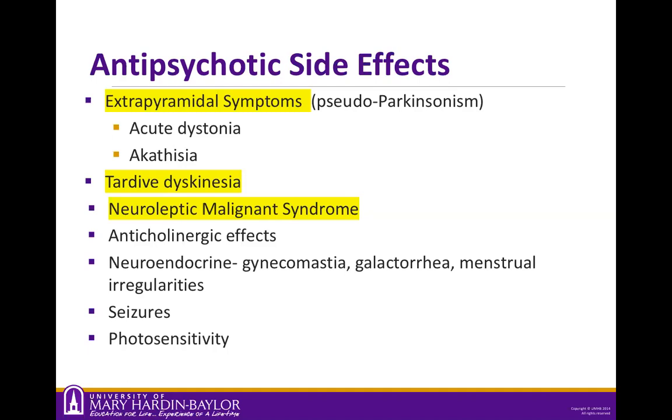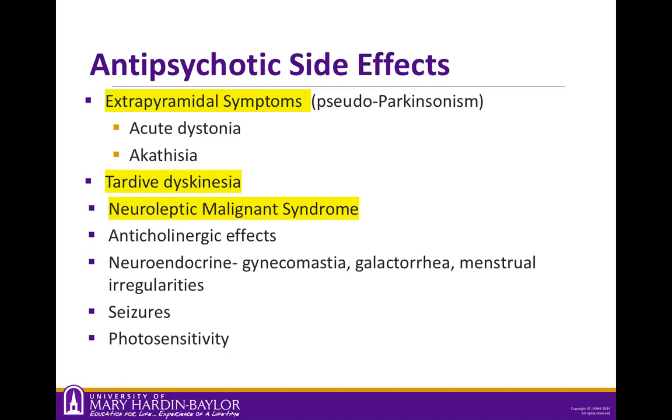Now, we think of Parkinson's as a non-moving or slowed disease, but they do take these medications and can get this akathisia. That's why we call this pseudo-Parkinsonism. And then there's also tardive dyskinesia, which is a difficulty with moving. Usually it's almost like a tic in the neck and shoulder, or smacking of the mouth or lips, rolling the tongue. I've even seen a commercial for it recently, because there is a new medication out to help reverse some of that.